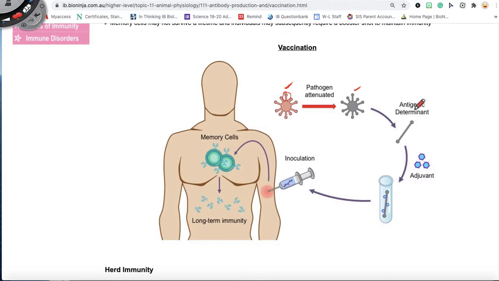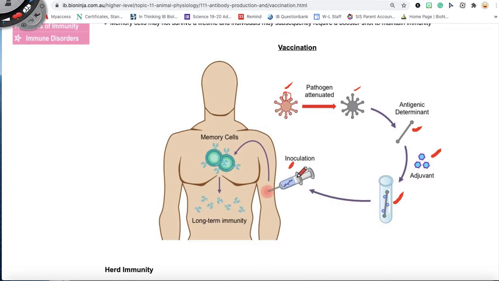So they might take this antigenic determinant from the actual pathogen and they attach that to an adenovirus, a lesser form of a virus. So it's not going to make you sick. And then they add the adjuvant, and then that's pretty much what the vaccine is.